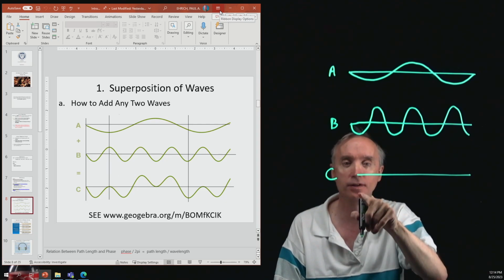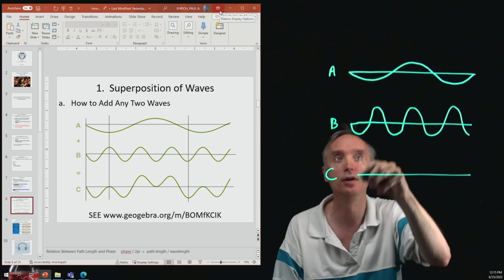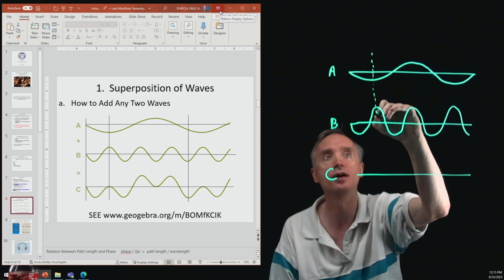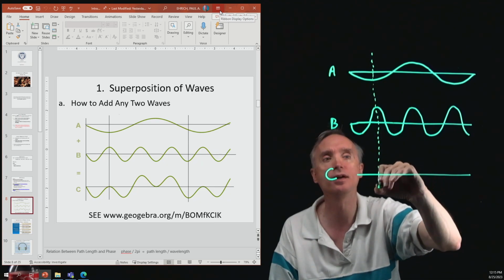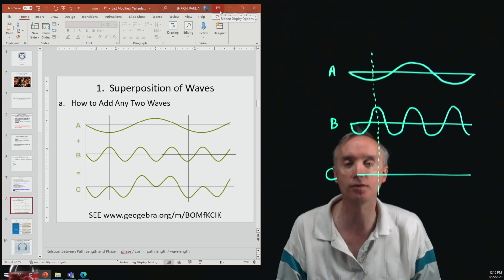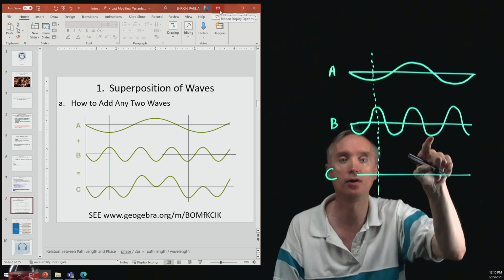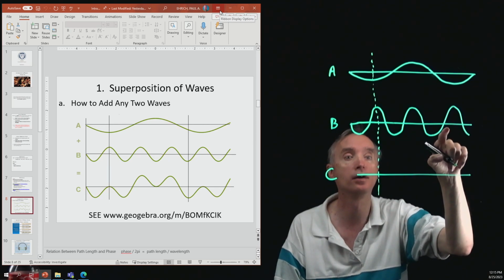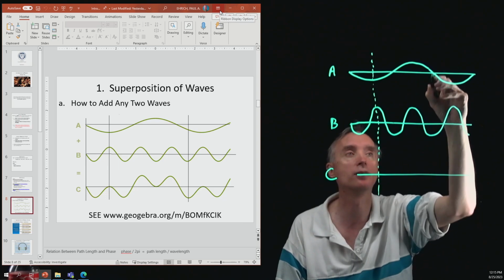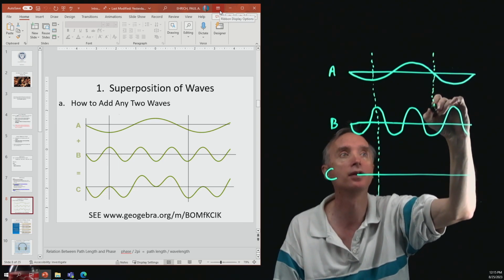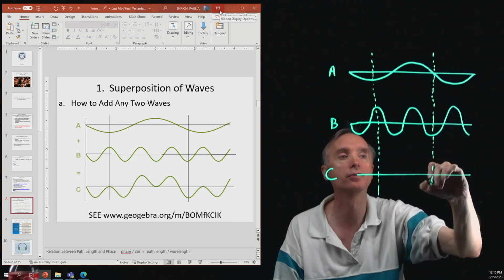Well, I did it for two of them here. So I'm going to have a line that's going to go down like this. So I could draw a line with my ruler there. And then I also did it over here where it's not matching up very well, but let's go ahead and do it anyway. So let's say that I'm picking this line right here.